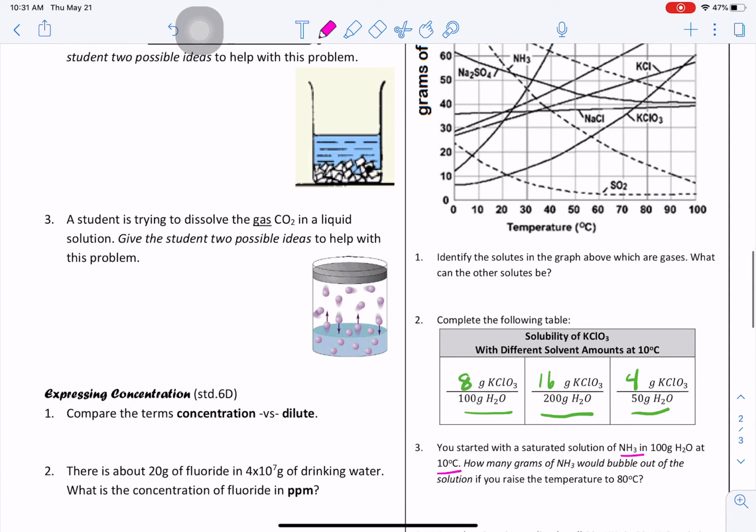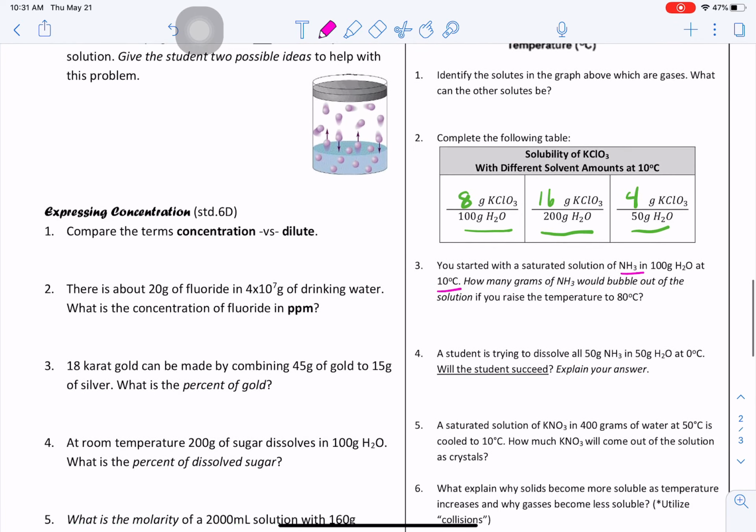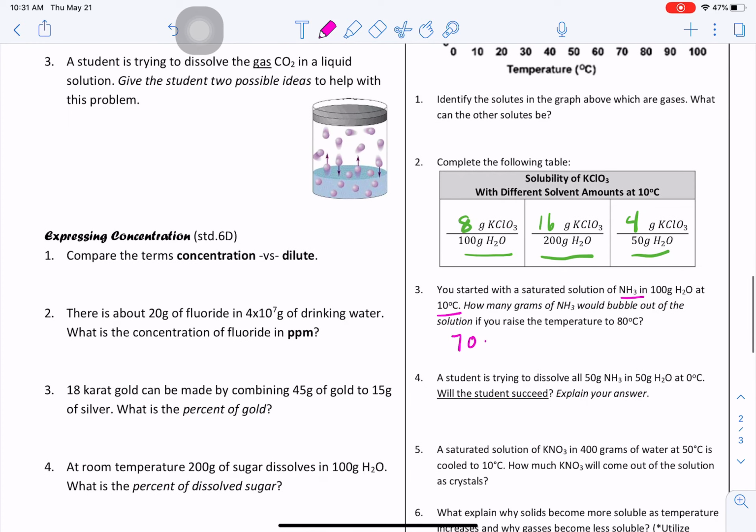At 10 degrees, we're looking at NH3. NH3 is right here, the decreasing line. At 10 degrees, it looks like 70. So let's write that down: 70 grams. Now, if we raise the temperature to 80 degrees, how much will bubble out of solution? We know that if we raise the temperature, gas is going to exit the solution.